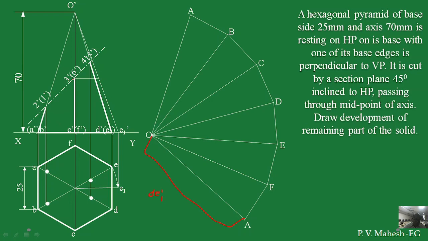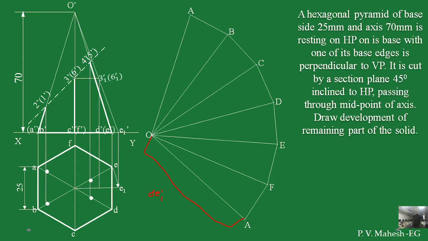Now how to get the points 3 dash and 3, 6 on this? So what I have to do? Drop a locus line onto O dash E dash, and from there drop a vertical line. I have drawn a horizontal line onto O dash E dash, and then dropped the projection onto OE1.